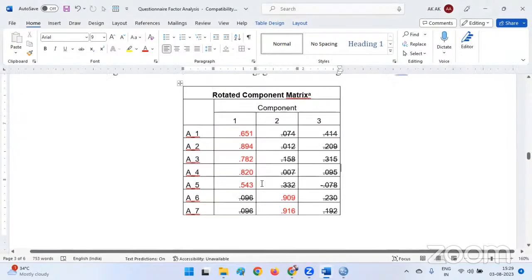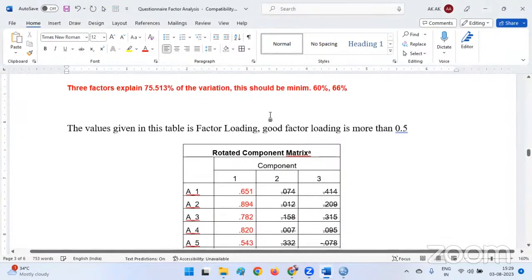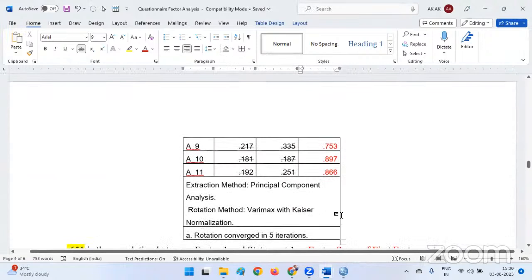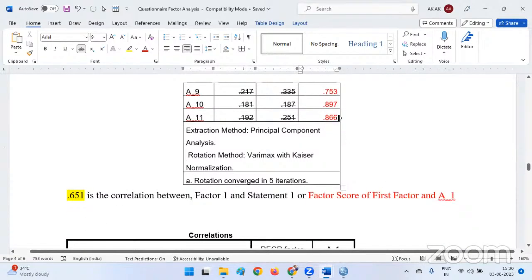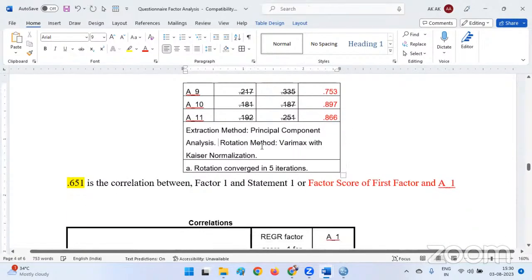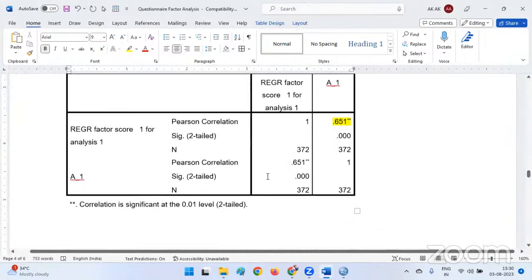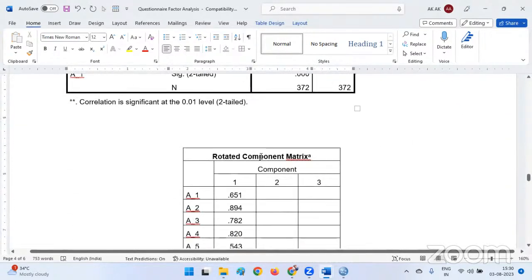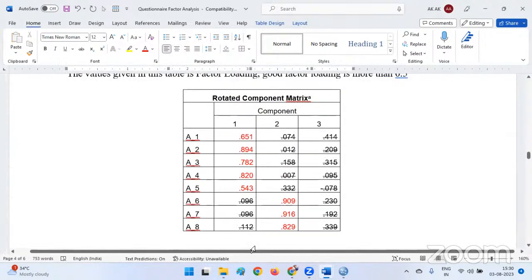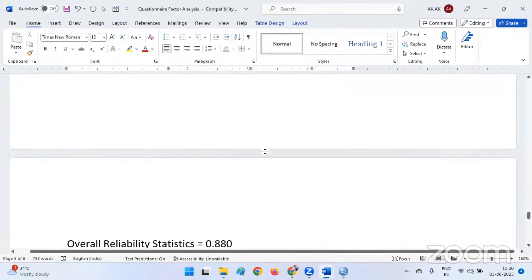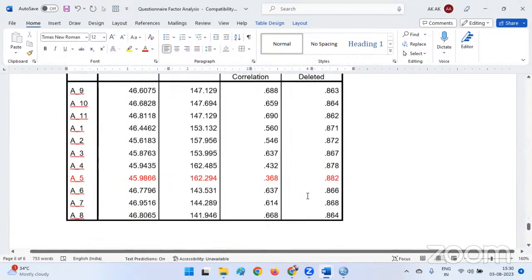So factor analysis, the major part we have completed. But factor analysis alone sometimes does not help while writing research papers or presenting our findings. I have shown you a lot of calculations, but step by step you will have to explain them in a research paper.